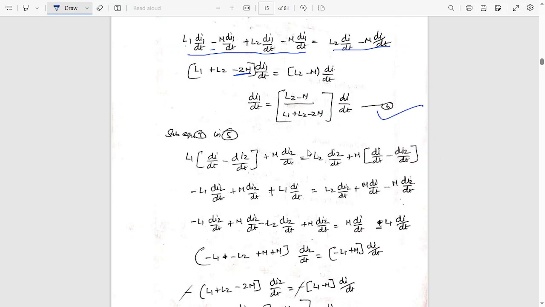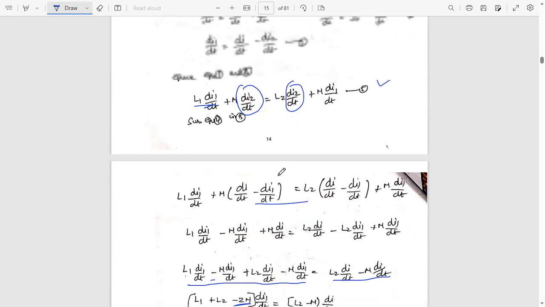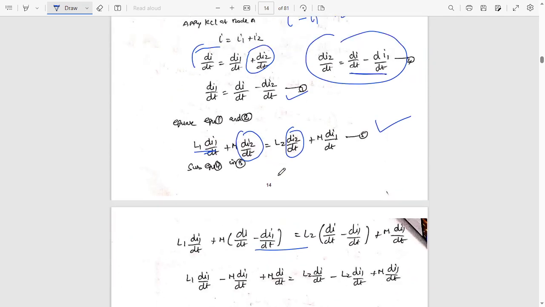Similarly, I substitute di1 by dt equal to di by dt minus di2 by dt in equation number 5. Wherever I find di1 by dt in equation number 5, I substitute the right hand side value, di by dt minus di2 by dt, similar to what I did while substituting 4 in equation 5.